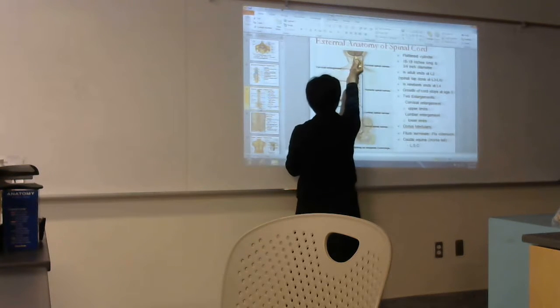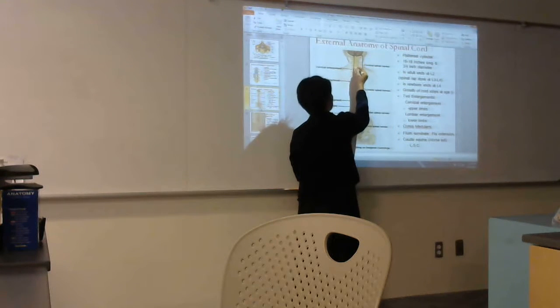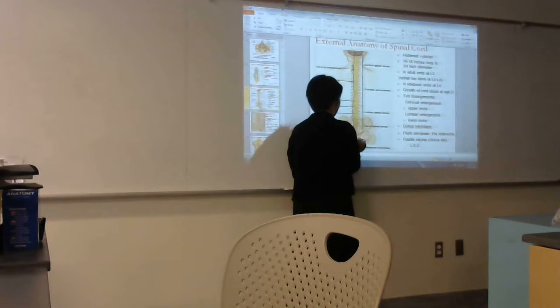So right here, it fuses with the bone. The collagen here becomes bone. So it's glued very, very permanently. It doesn't move. And then it goes all the way down. Of course, it follows the nerve. So it goes like that, right? All the way down. And it fuses here at the coccyx.